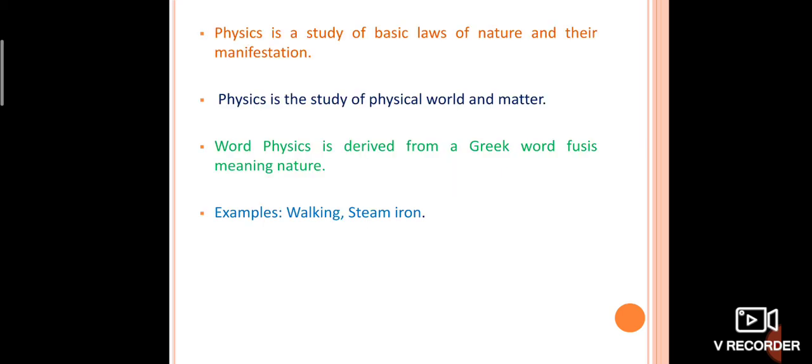Physics is the study of basic laws of nature and their manifestation. Physics is the study of physical world and matter. The word physics is derived from a Greek word physis, meaning nature. It implies that physics is the study of nature and its rules.